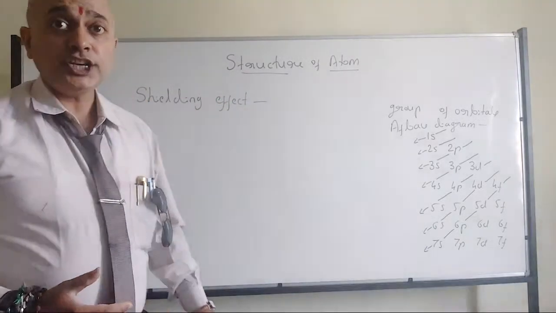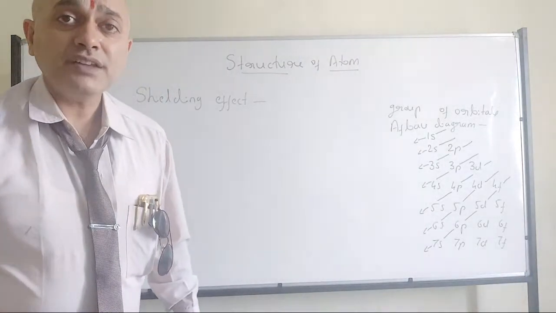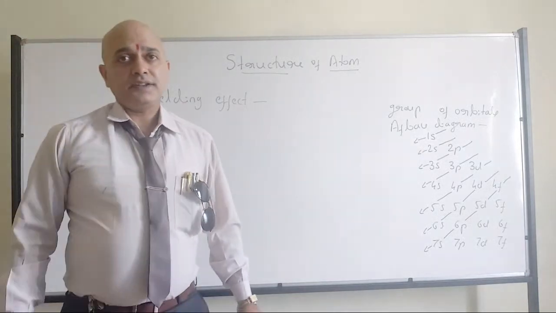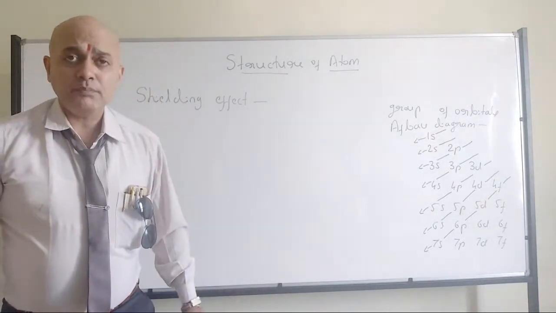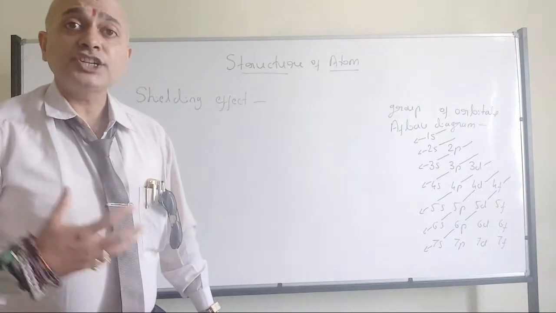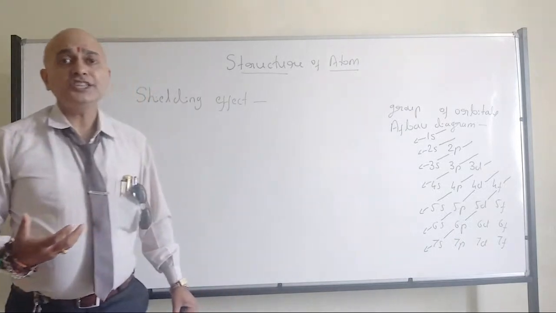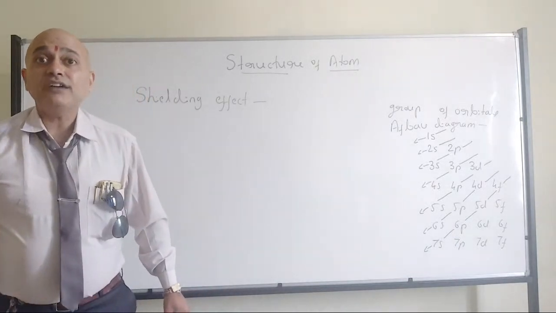What do you mean by shield? Shield means a protecting cover, right? So that's where we have the shielding effect. When you are riding a bike, we have to wear the helmet because it will act as a shield to our head. That means it will protect our head from injuries.